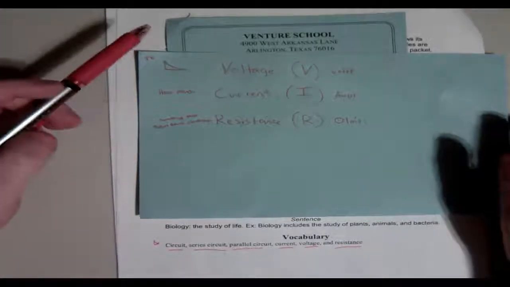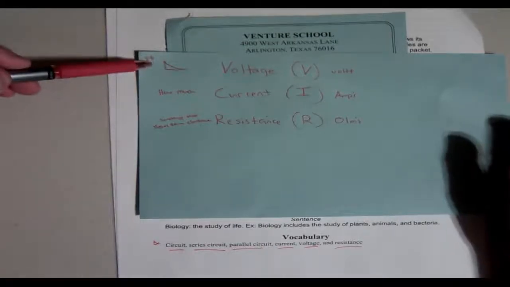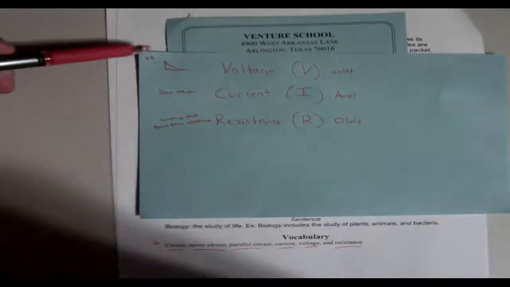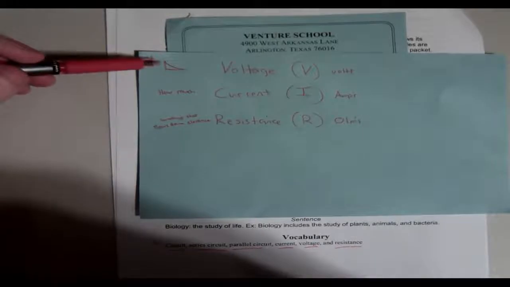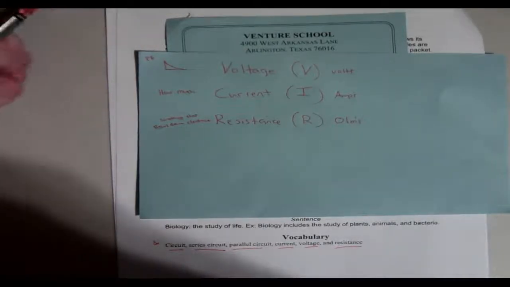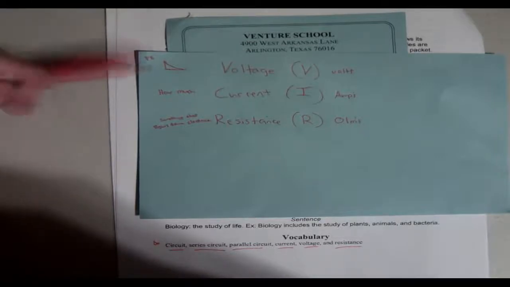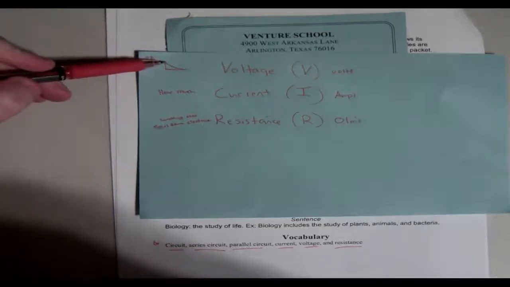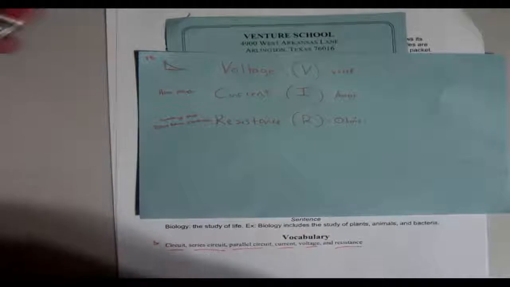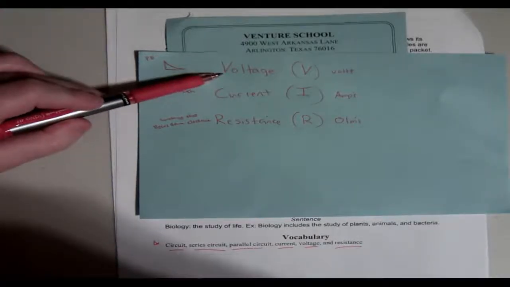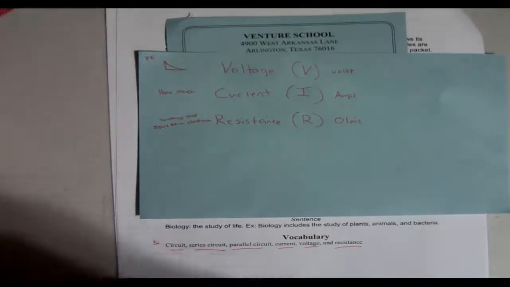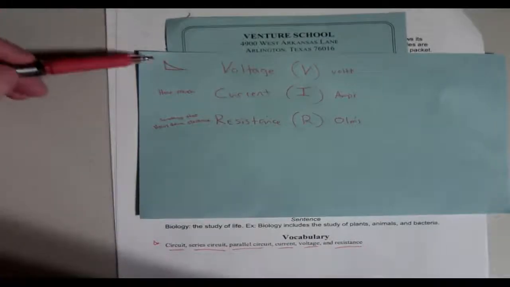Voltage is the potential energy of the circuit or the electricity, right? So usually you've covered gravitational potential energy a lot, where you have something in a very high place and it has a lot more gravitational potential energy. Voltage is like the potential energy of the electricity, of the circuit, right?